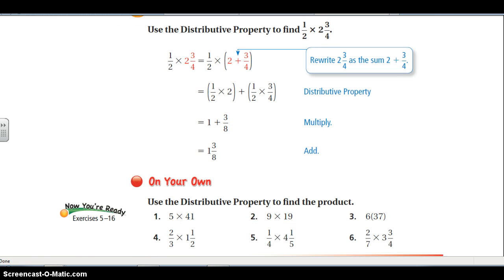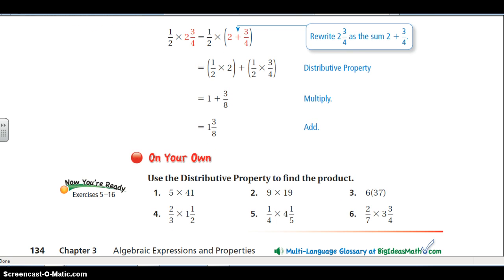Now I'd like you to do the on your own 1 through 6. Pause, and I will give you the answers. Okay, number 1 is 205. You should have written it as 5 times 40 and 5 times 1. Make sure you show your work.